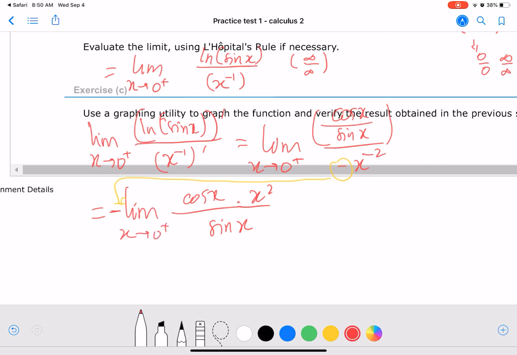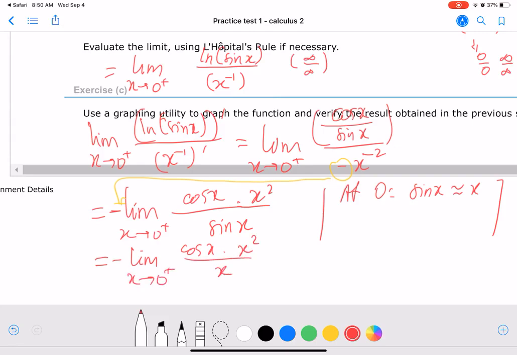And we know that at 0, sine x is similar to x. I mean, we can replace sine x with x, right? So this limit equals negative the limit of cosine x times x squared over x, x goes to 0. And then that is just the limit of x cosine x with the negative in here, x goes to 0 from the right.